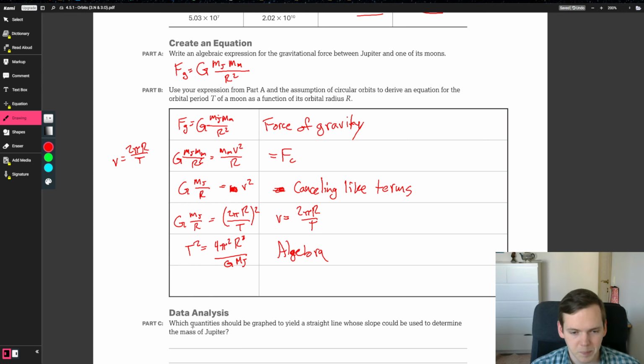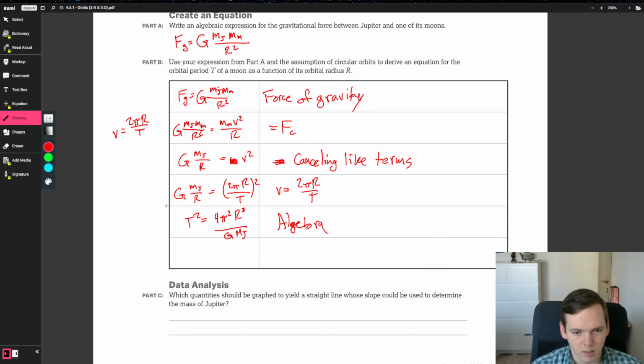If we have this relationship, we get our answer. So which quantity should be graphed to yield a straight line whose slope could be used to determine the mass of Jupiter? In this case, it would be useful to rearrange and solve for Jupiter. The mass of Jupiter is equal to 4 pi squared r cubed divided by G T squared.